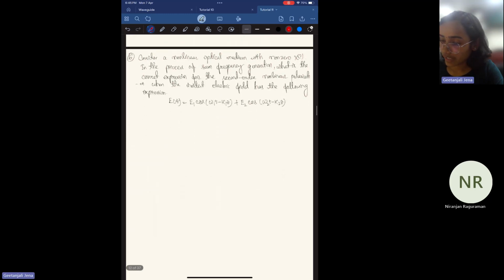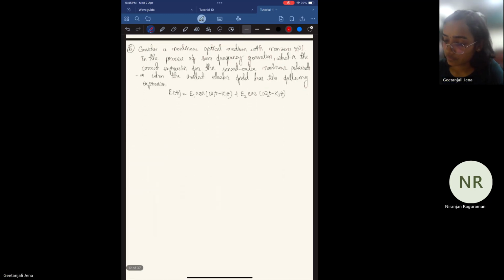Okay, so let us move to our next problem. The question says, consider a nonlinear optical medium with non-zero chi2. In the process of sum frequency generation, what is the correct expression for second order nonlinear polarization when the incident electric field has the following expression?